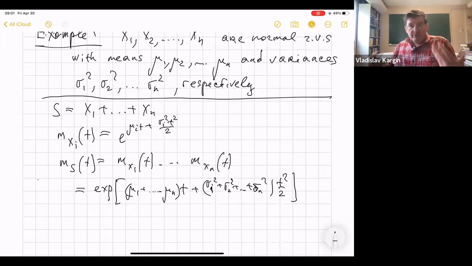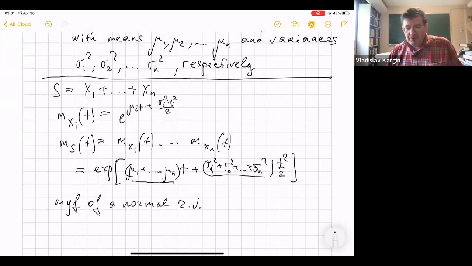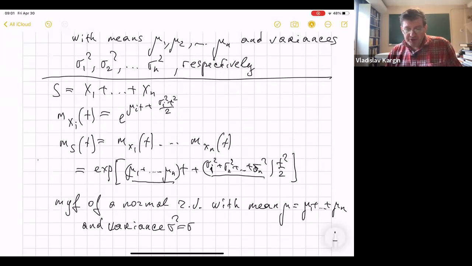We know the MGF of a normal random variable with the parameters given by these two terms. So it's the MGF of a normal random variable with mean mu equal to mu1 plus so on plus mu_n, and variance sigma squared equal to sigma1 squared plus so on plus sigma n squared.